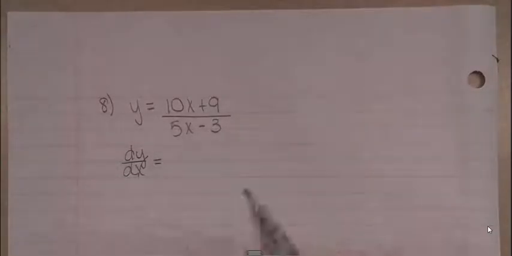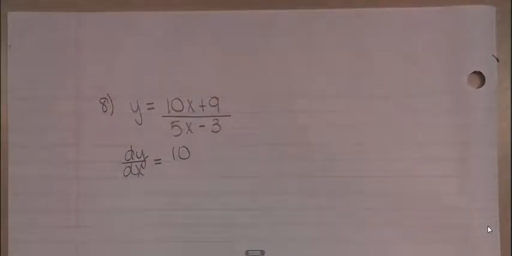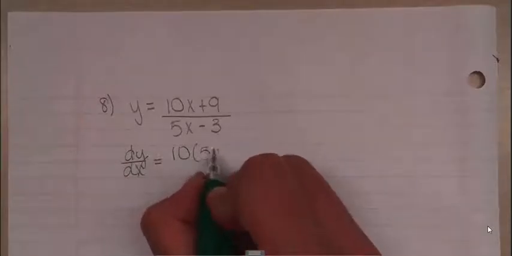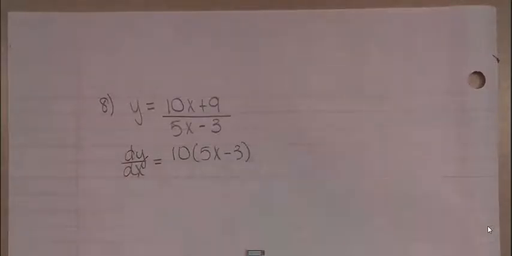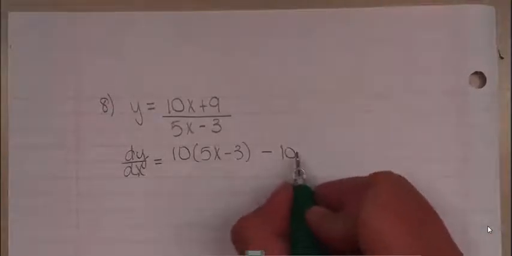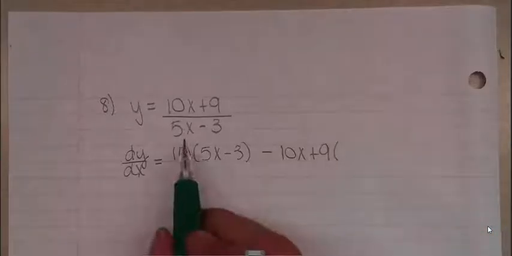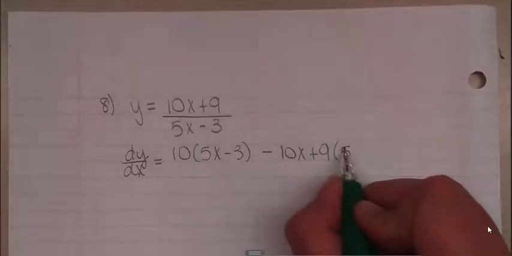I do the derivative of the top, which is just 10, times the bottom, which is 5x minus 3, minus the top, which is 10x plus 9, times the derivative of the bottom, which just happens to be 5.